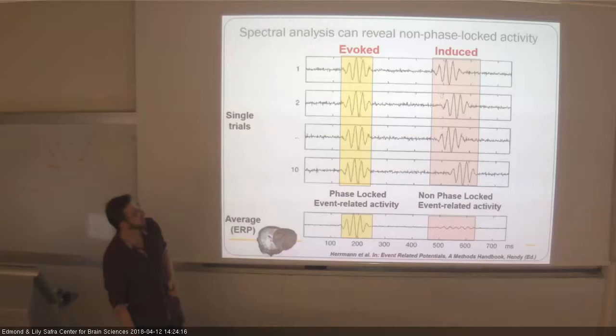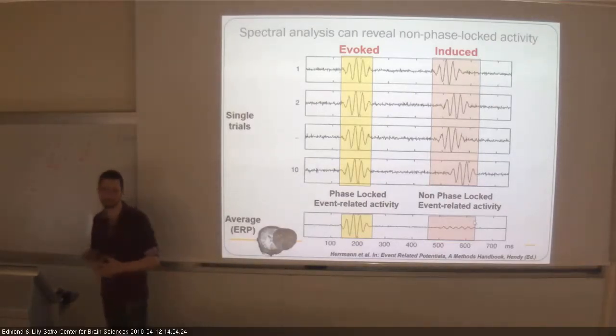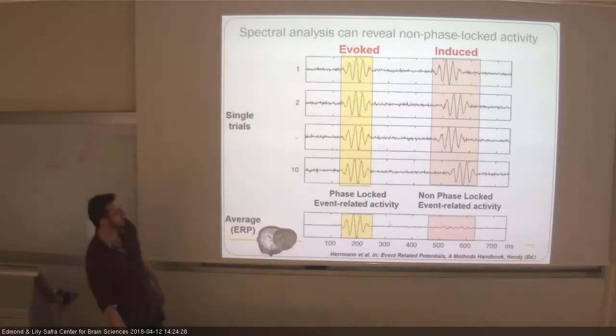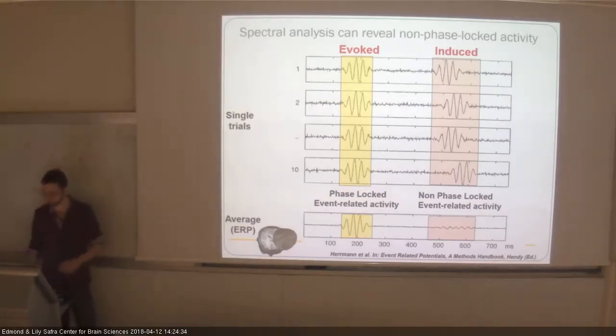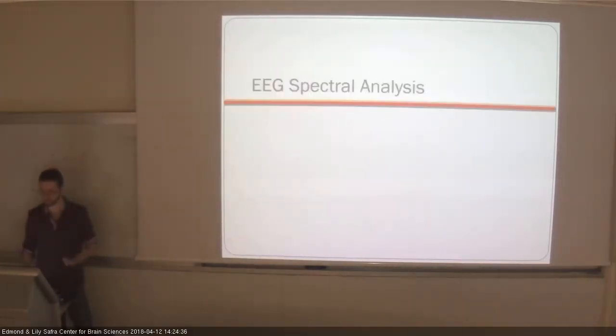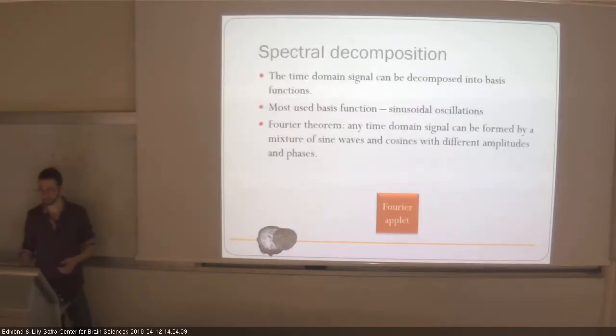When we average across these trials, we would see this spread out increase in power. So we haven't lost the information. Instead of saying that there is this phase-locked time domain response, we say that there is an increase in a certain frequency band. So we can also detect non-phase locked activity.